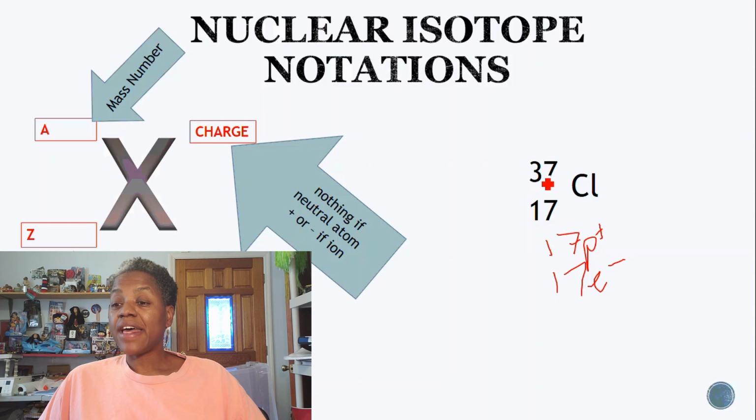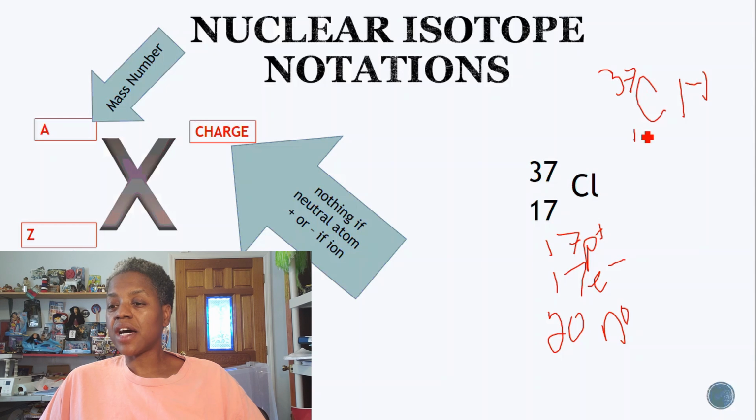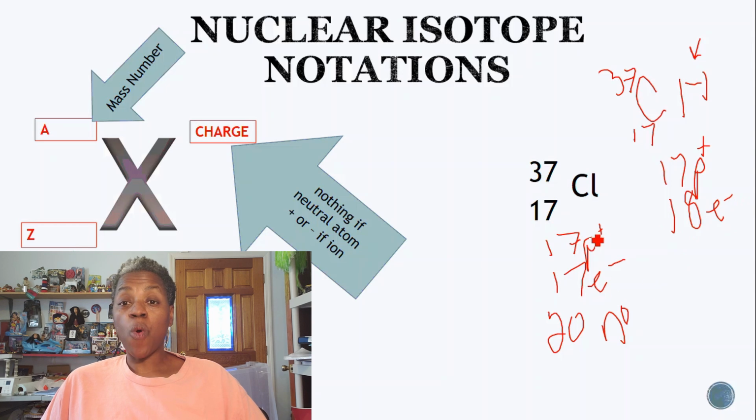Now, if I had chlorine -1 with a 37 and a 17, the difference here is there's a charge. So here I would have 17 protons, but because that charge is -1, I have 18 electrons. I started with 17 when I was neutral. Now because I have a -1 charge, that means I have one more electron.